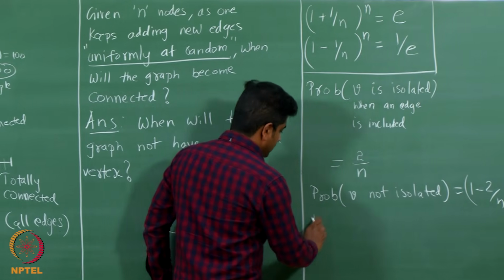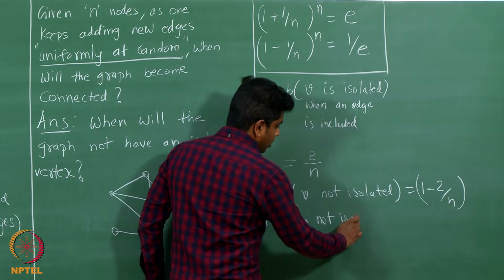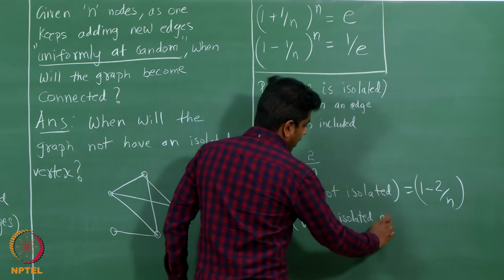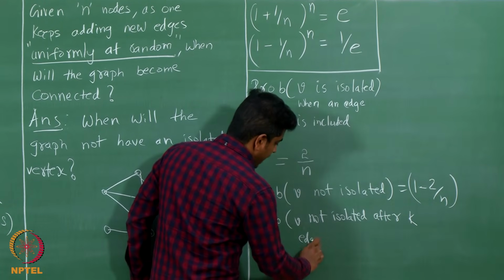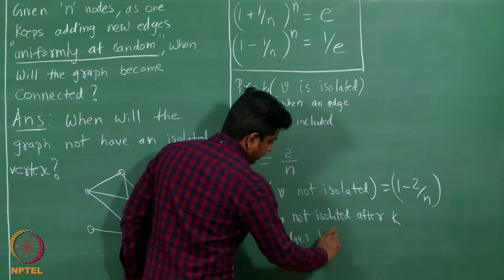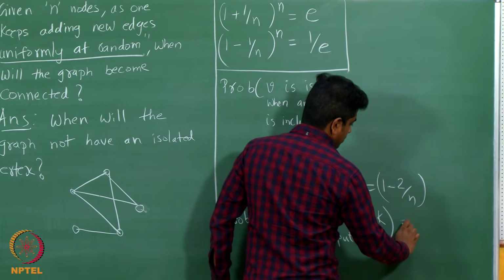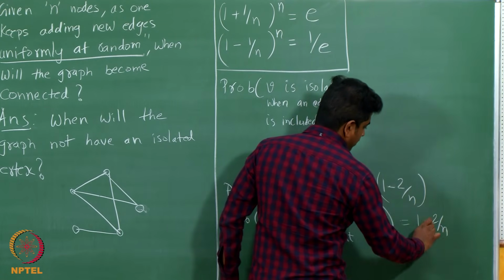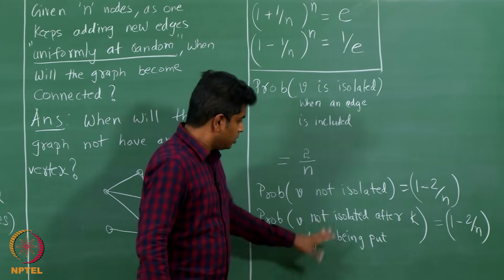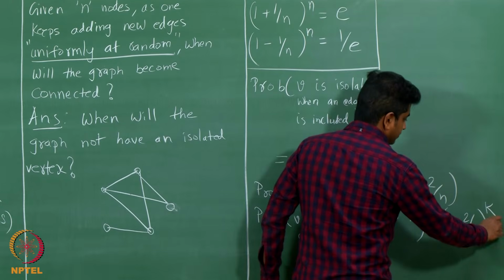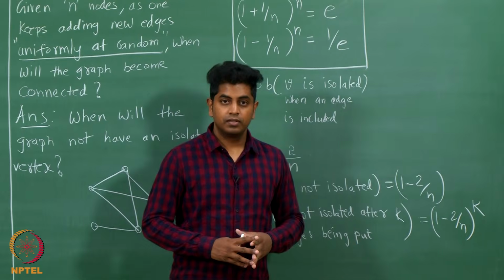So the probability of V not being isolated after k edges being put is (1 - 2/n) times (1 - 2/n) times (1 - 2/n), so on k times.